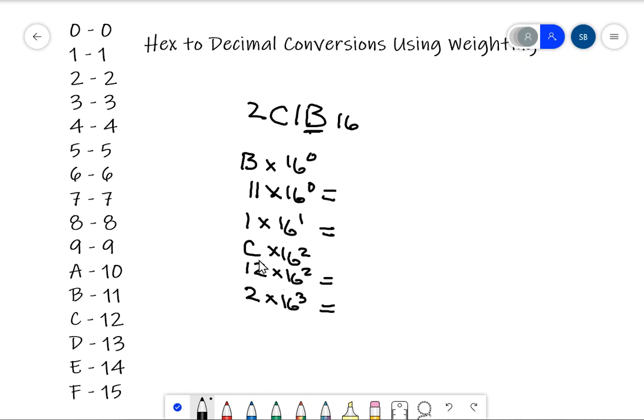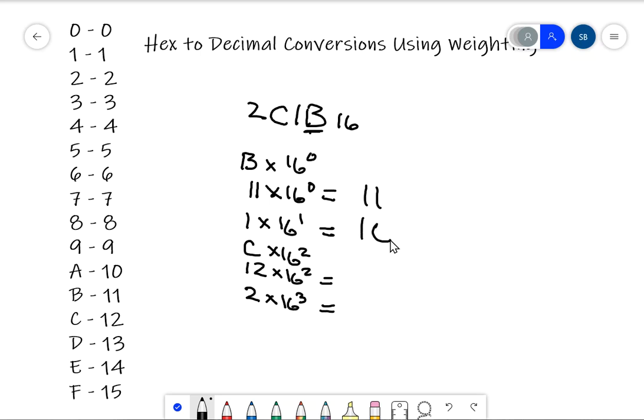So now I got this set up to pound things out on my calculator. 11 times 16 to the 0. And once again, I can do that in my head because 16 to the 0 is 1, but we'll do it with the calculator to maintain consistency. 1 times 16 to the first power, we can do that one in our head.